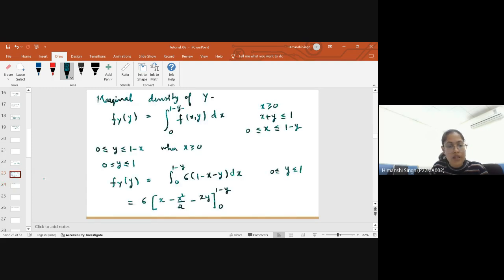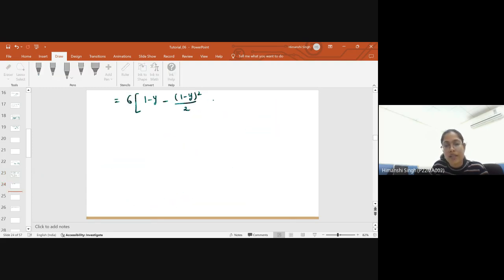The other term is minus xy, where y is there and in place of x we put 1 - y. Let's take 2 in the denominator and cut it with 6, so it will be 3. So it is 2 - 2y - (1 - y) whole square - 2y + 2y square.